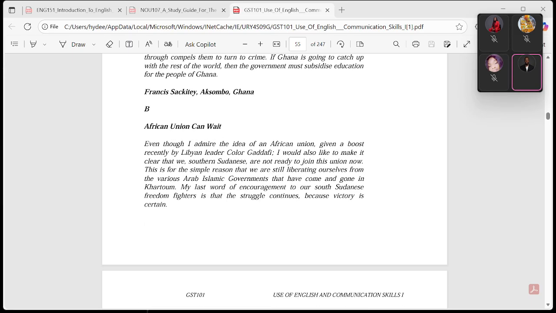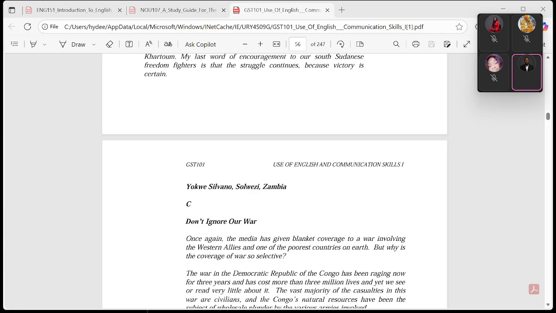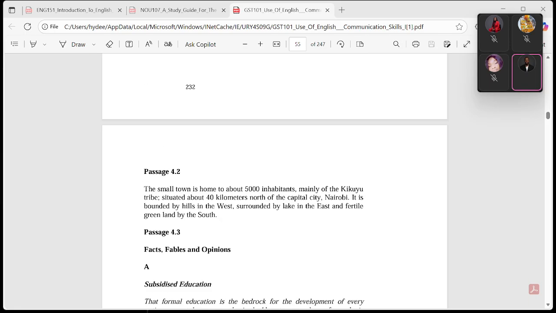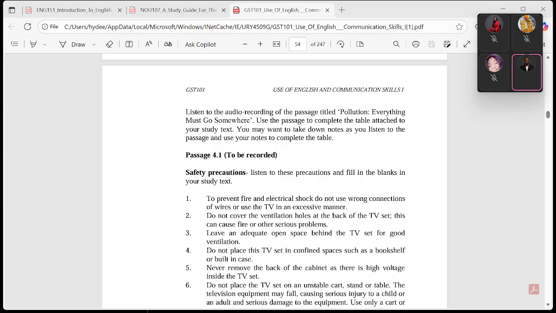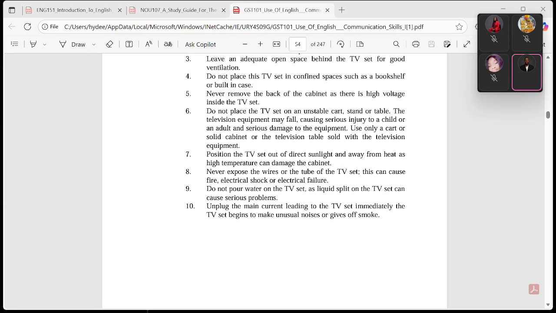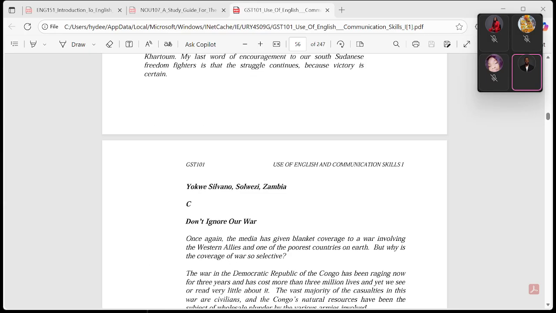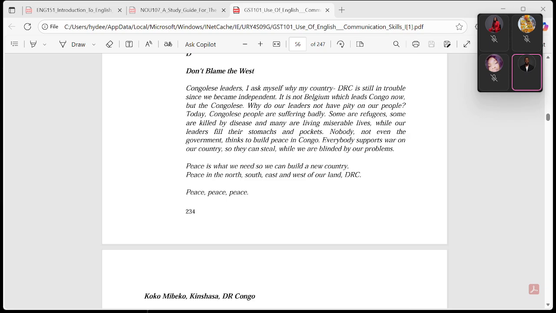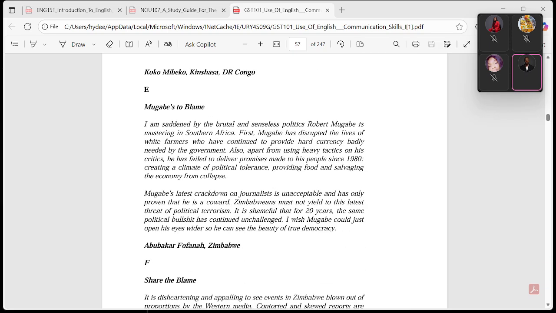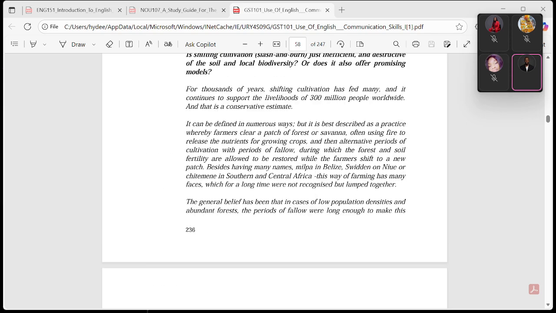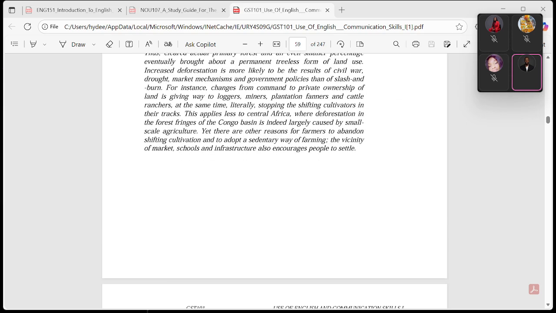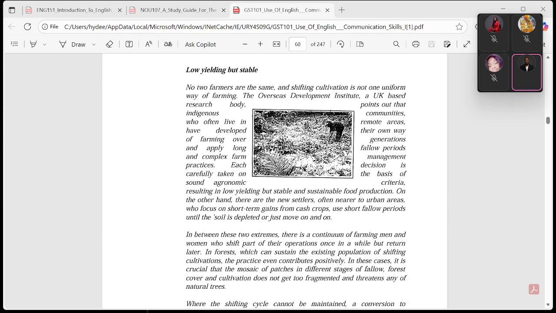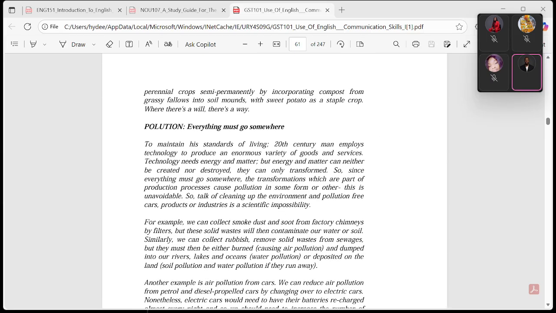We have a passage of African Union can wait. We have a passage of don't ignore our war. We have a passage of don't blame the West. Up to I think 10 passages in your unit.